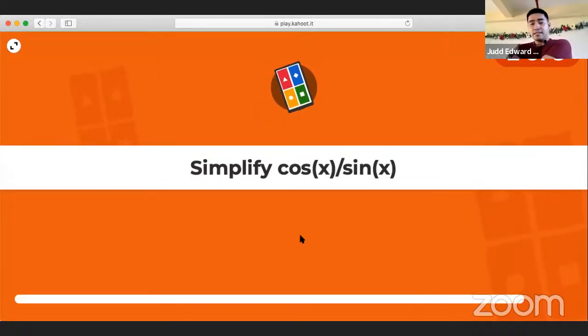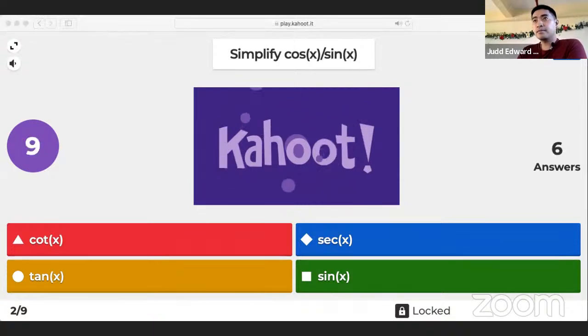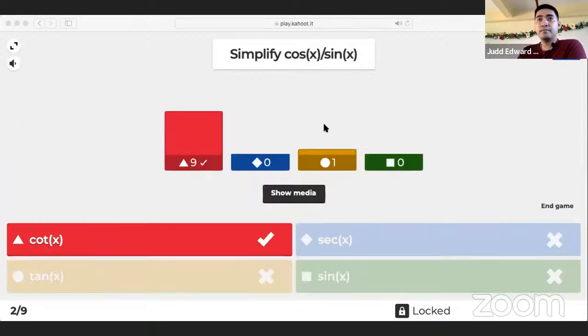Simplify cosine x over sine x. Okay, the correct answer is cotangent of x. 9 got the correct answer.